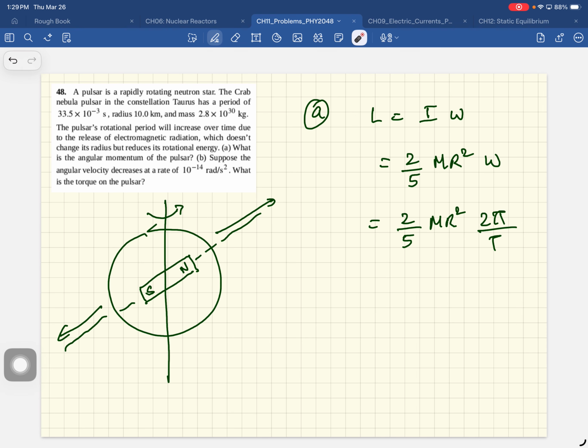Okay, so this is the torque that is slowing the neutron star down because it's losing energy.